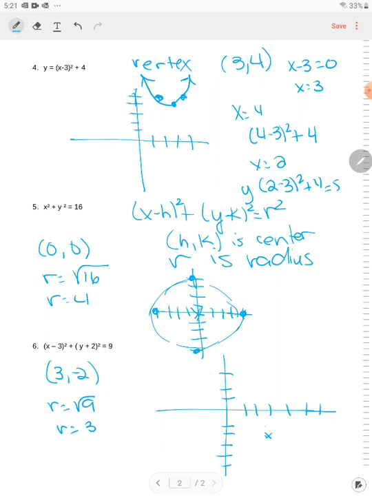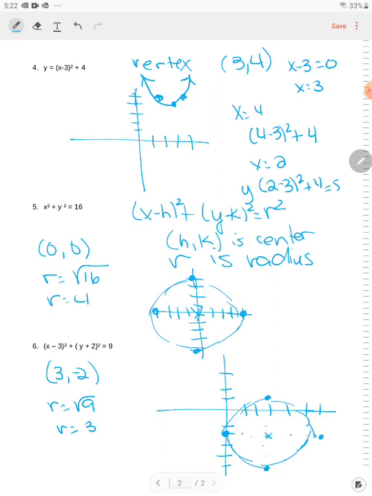So I'm going to go 1, 2, 3, up. 1, 2, 3, right. 1, 2, 3, left, and down. And again, my circle looks like that. And you can see that I'm off slightly because it is not perfectly centered there. So if I would shift it over, it would look a little bit better on my point.